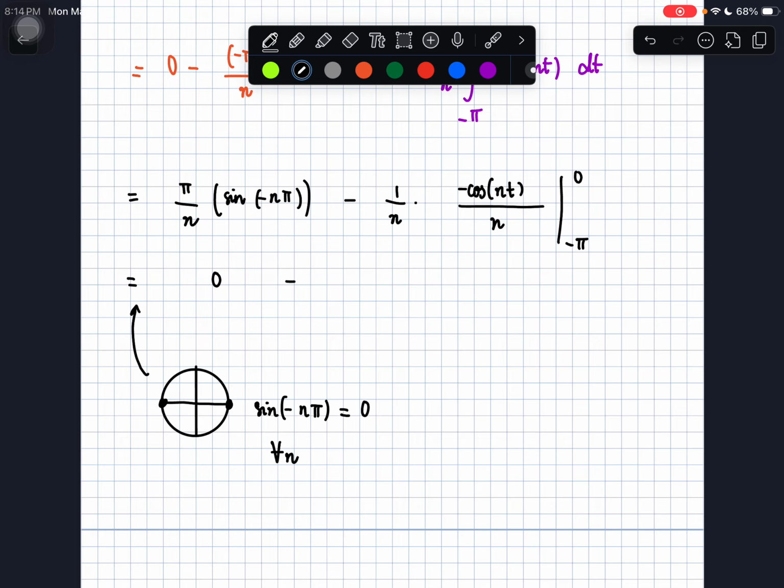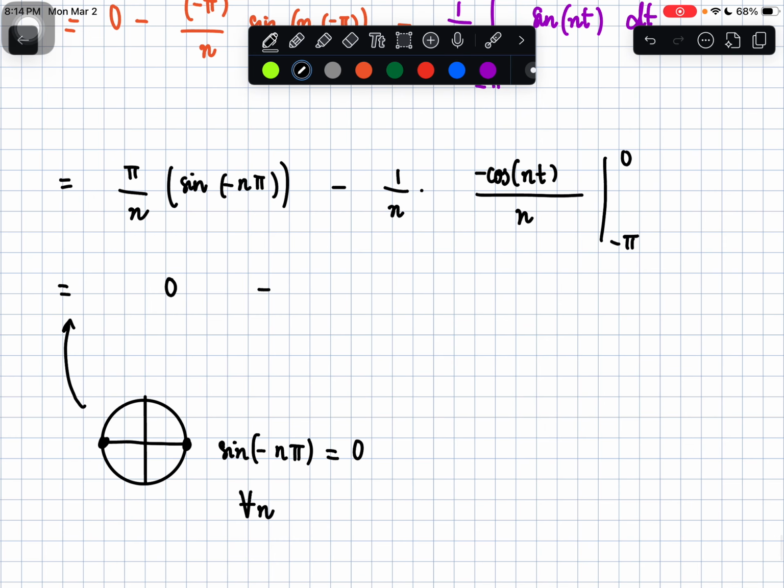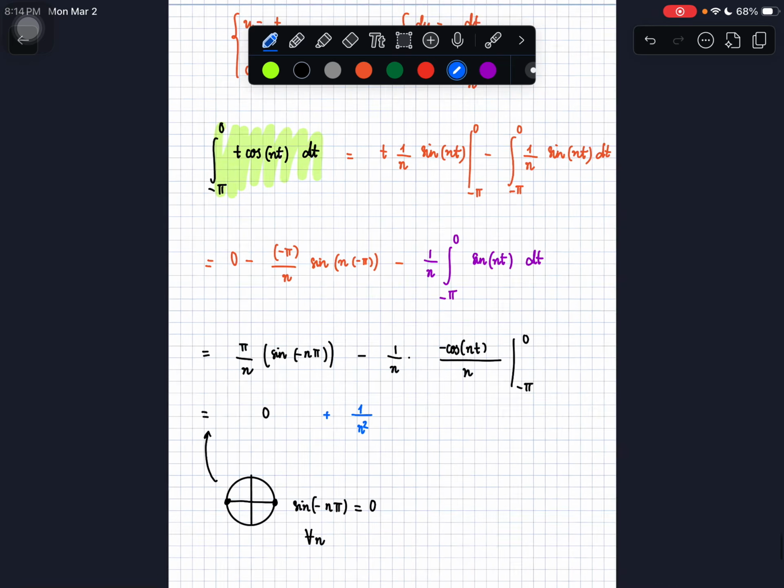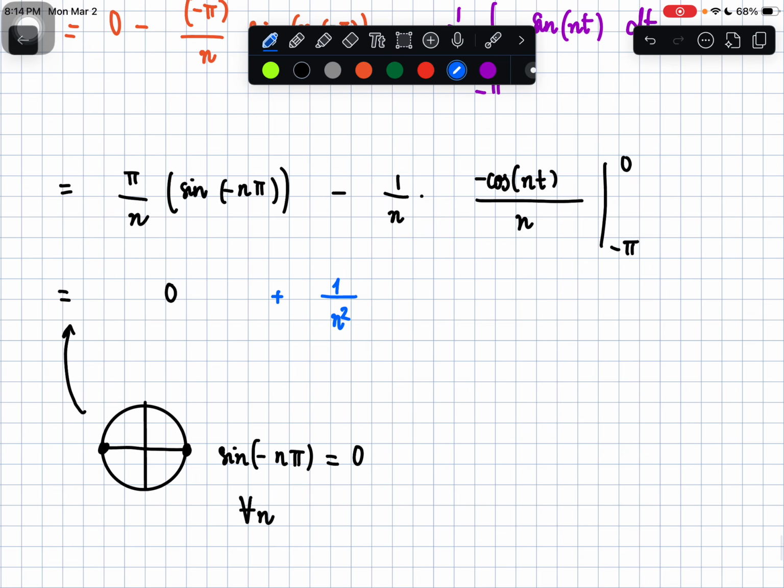For the second term, we have a minus, so this is plus 1 over n squared times (cosine 0 minus cosine n pi).